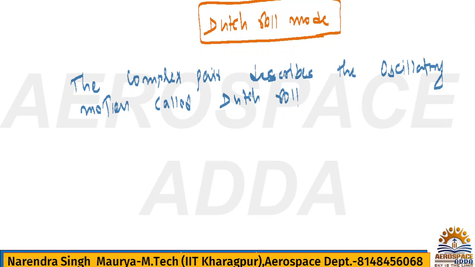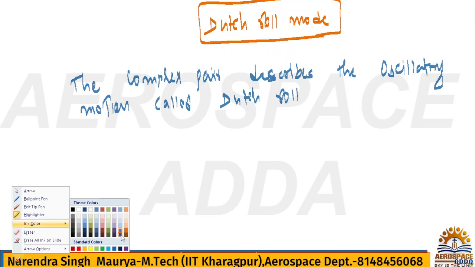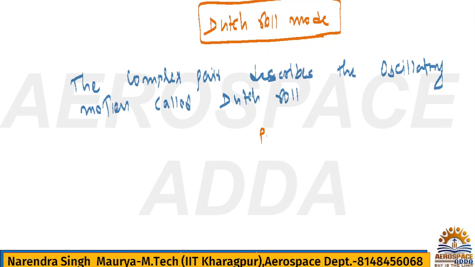What will be the format? I told you the complex pair will be something like this: p plus minus iq. This is the complex pair, p plus iq. p will be the real and q will be the imaginary value.